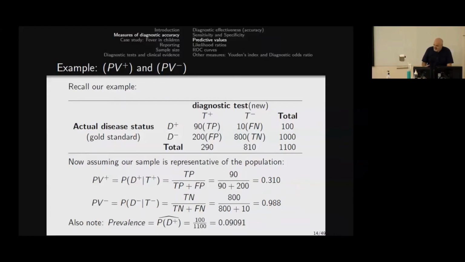But it does tell us how useful. So what it's saying is out of the 290 people I said had the disease, only 90 of them actually had it. All right, so it really is about the usefulness. Of the 810 I said didn't have the disease, I got it right a large majority of the time. All right, which is 800 out of 810. So that's utility.